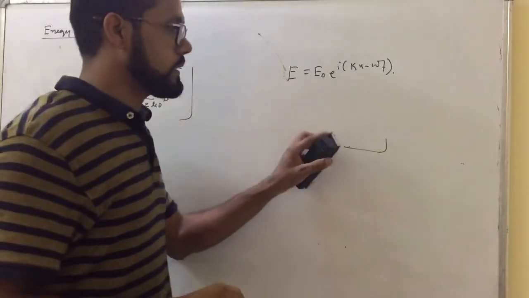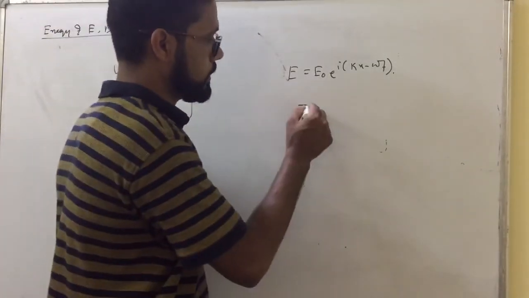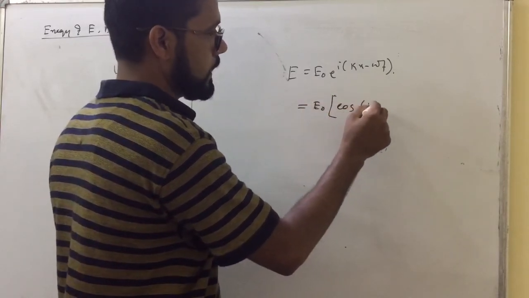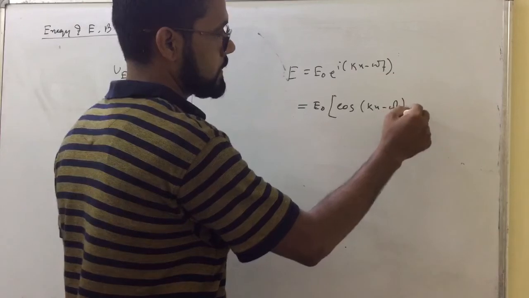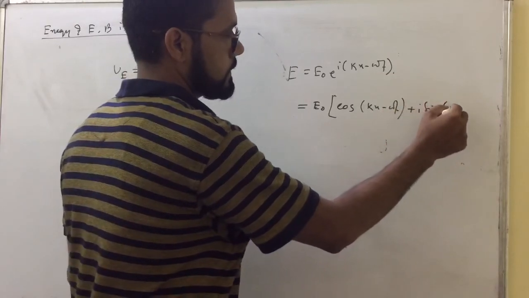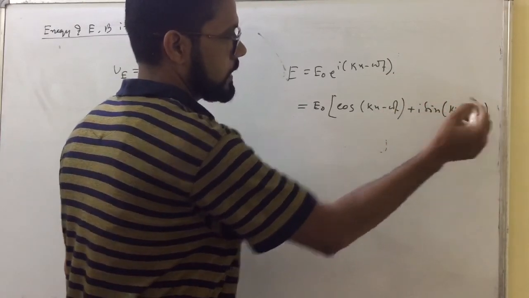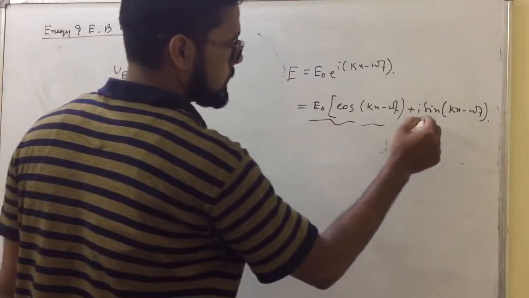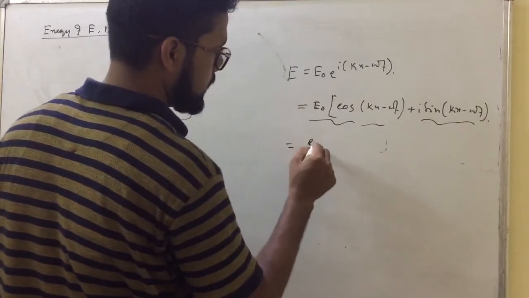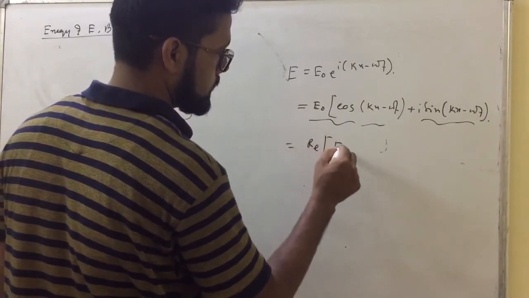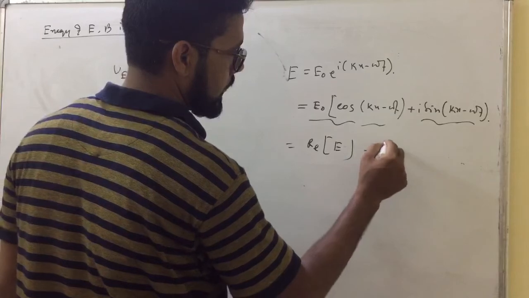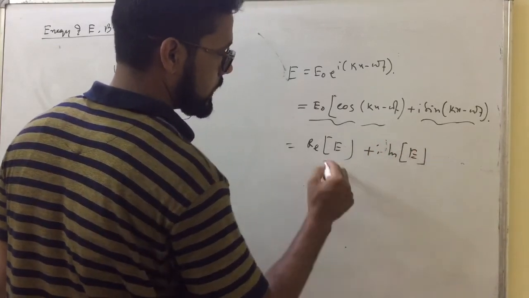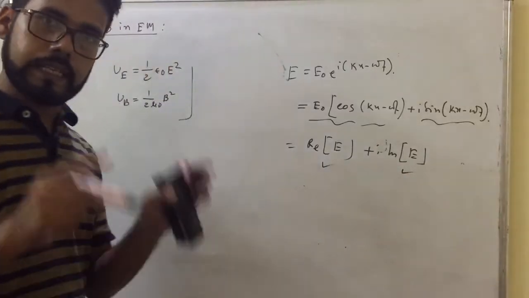Then I have to convert this equation into trigonometric function: E naught cos(kx minus omega t) plus i sin(kx minus omega t). This is the real part, this is the imaginary part. This means real of E plus i imaginary part of E. You can take either part, the answer will remain the same.